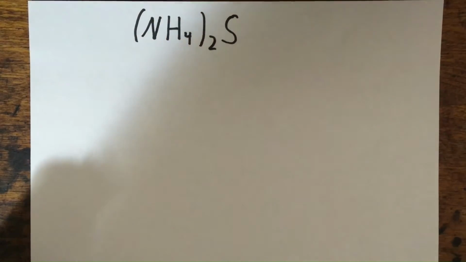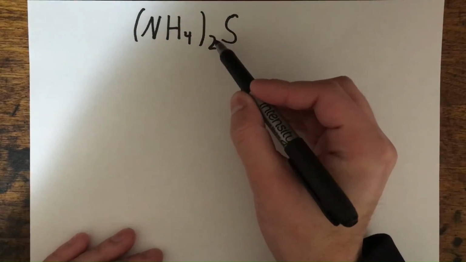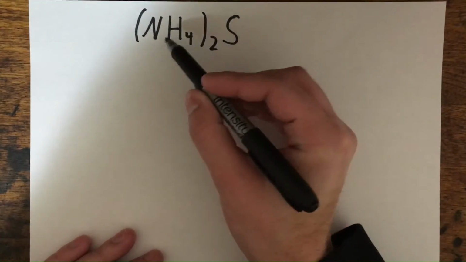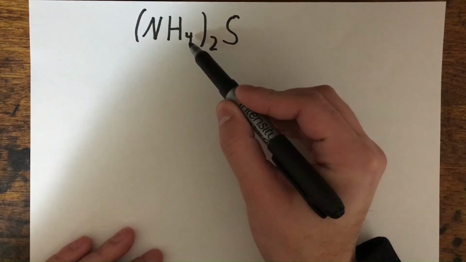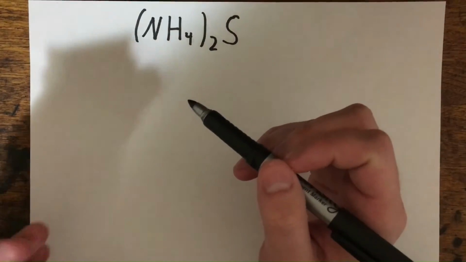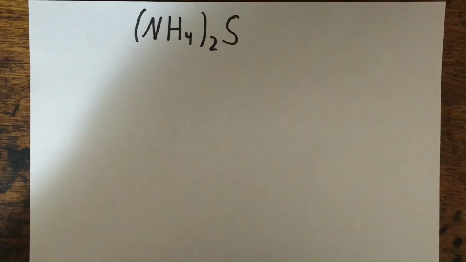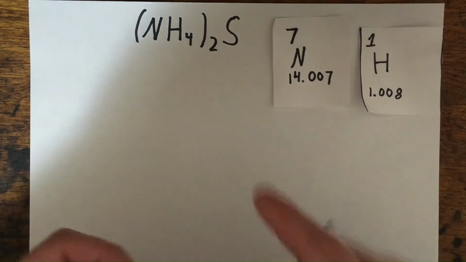Okay, so let's look at this problem. So in this one, we're going to have to distribute this 2 to everything in the parentheses, but you'll probably see that since we have a 4 here, 2 times 4 is going to give us 8 hydrogen atoms. So we have nitrogen, hydrogen, and sulfate.